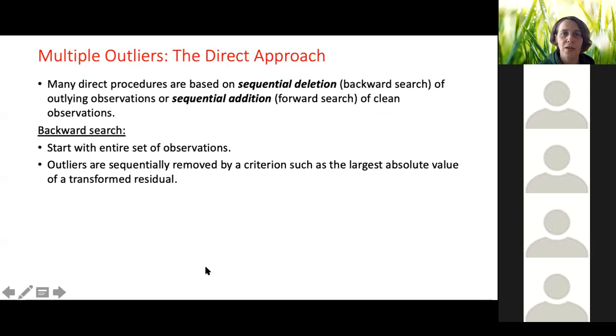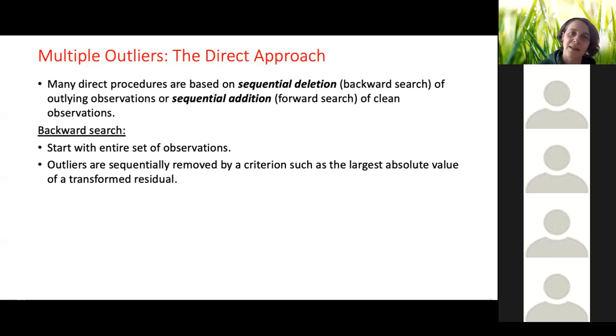Okay, and for the direct approach, we have two different varieties of these sequential mechanisms. The first one is called the backward search, where we have a sequential deletion. So we start with a complete data set and then one by one, we're deleting or removing data points that are considered unusual or outliers from the data set, right, or isolating them.